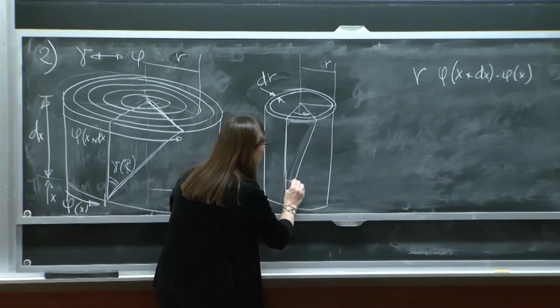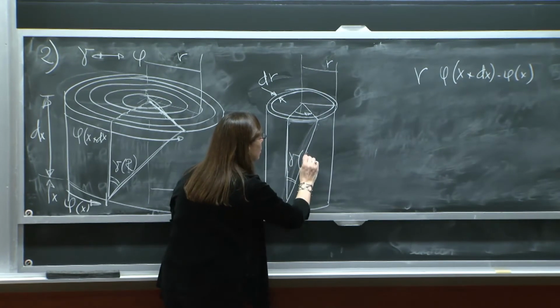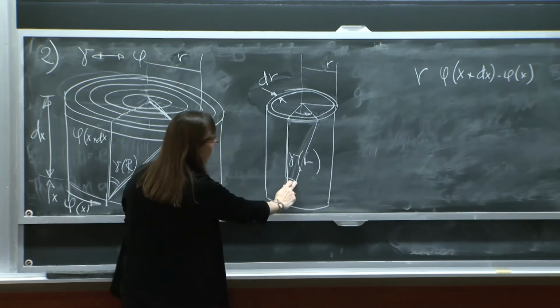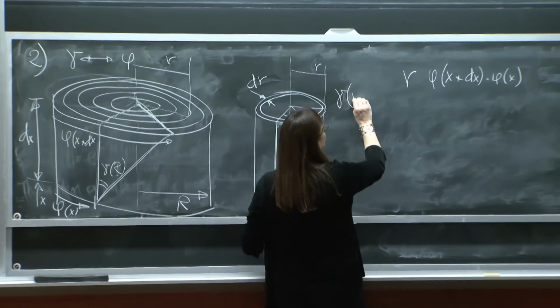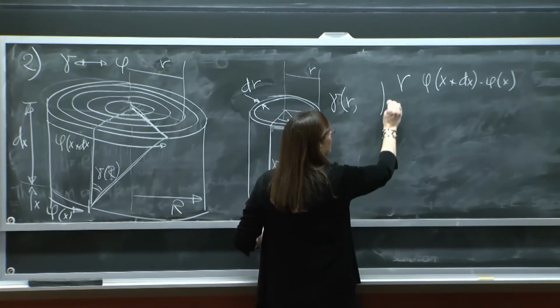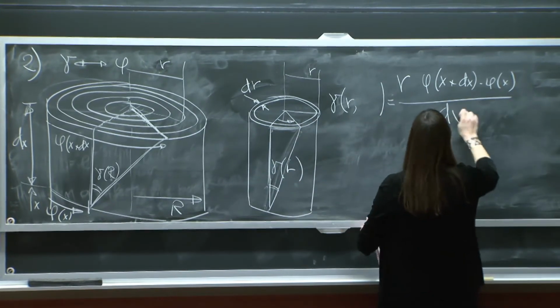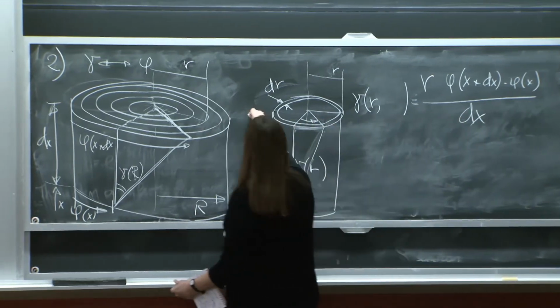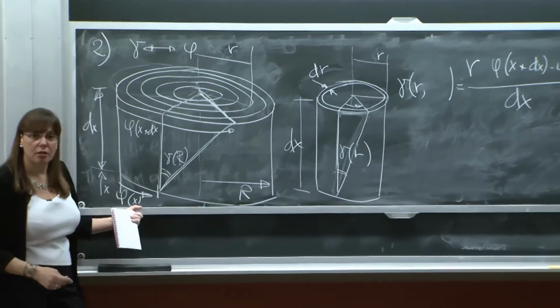So this angle here, which is now a gamma at small r, I can obtain as this distance divided by the same dx. This dx does not change. It's still my dx. Nothing changed.